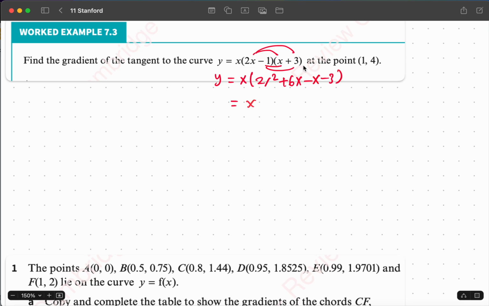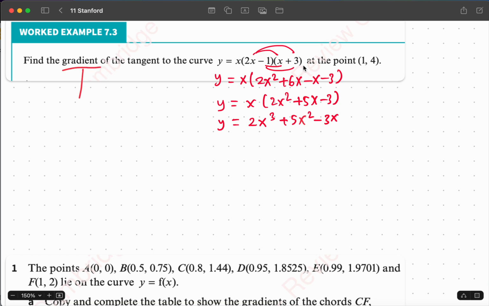Then it will be 2x squared plus 5x minus 3, and then multiply everything by x, so it will be 2x cubed plus 5x squared minus 3x. That is the y.